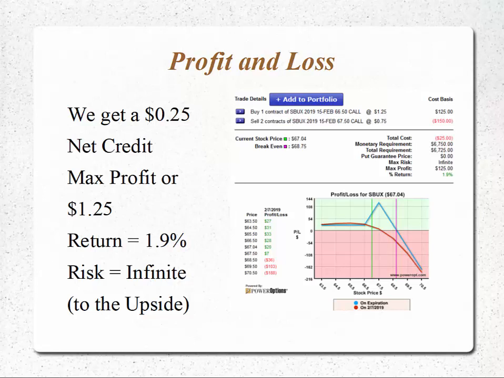One contract bought at 66.50, one sold at 67.5, with an extra call sold to cover the cost. It does mean that extra sold call is naked, and that gives us the infinite risk to the upside. This might not be a very good use of leverage or margin, depending on what your broker requires to have a naked call sold in this case.